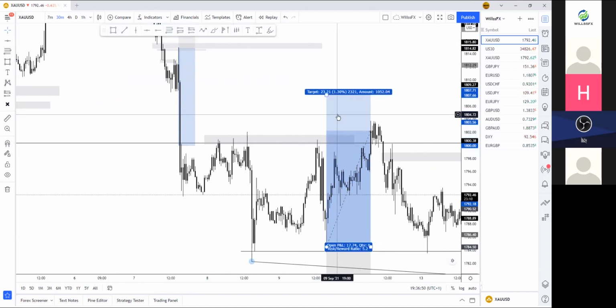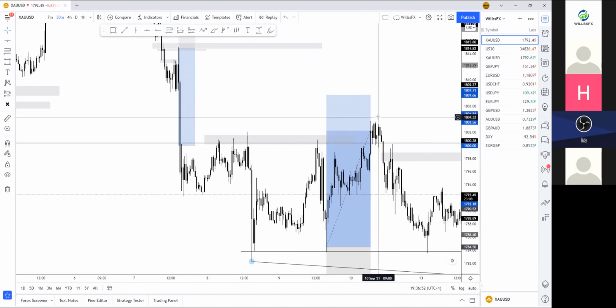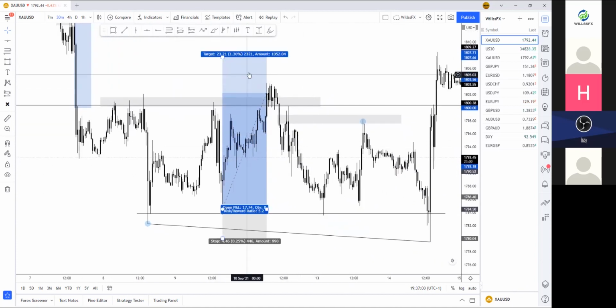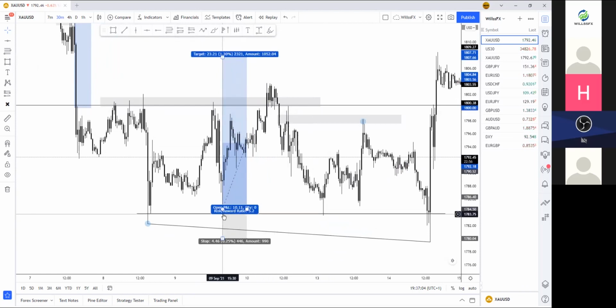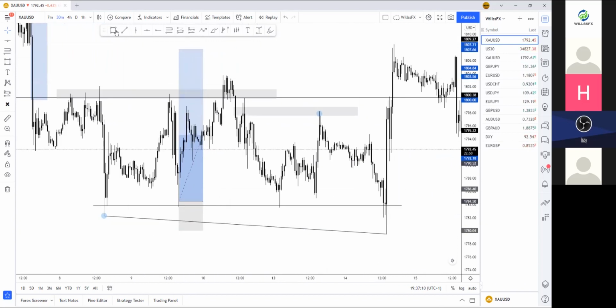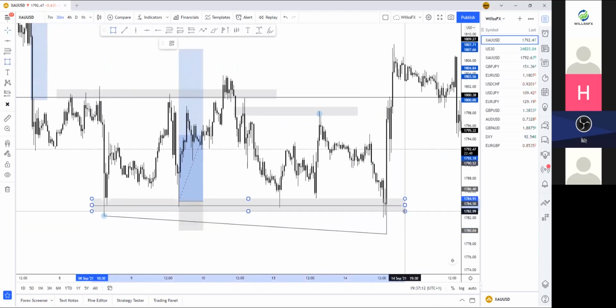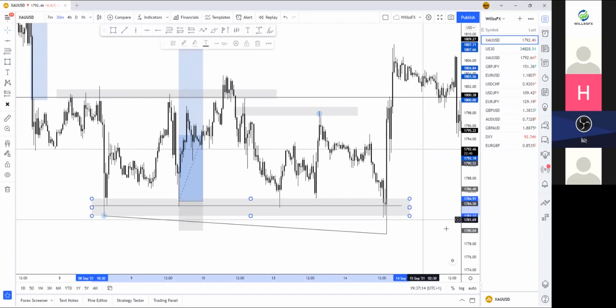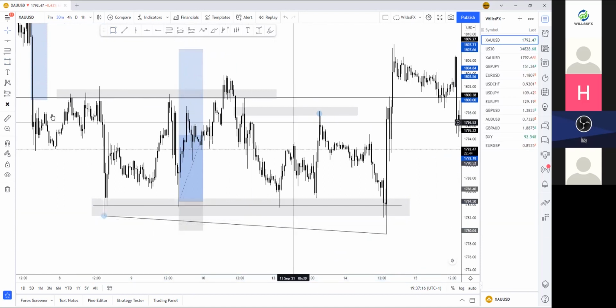You could have literally entered on the liquidity grab where price grabbed all the stop losses, created a tweezer top, drop. And then for the target, you could have had the wick fill. You could have literally had this whole area down here of liquidity. So this whole area like this is liquidity.